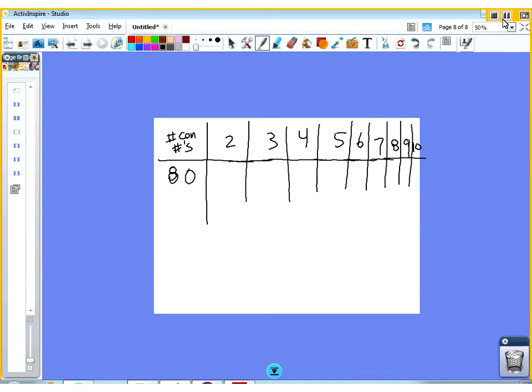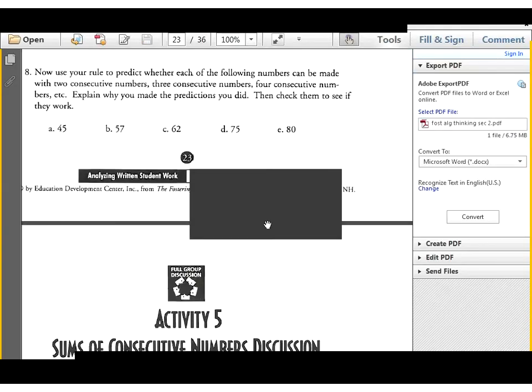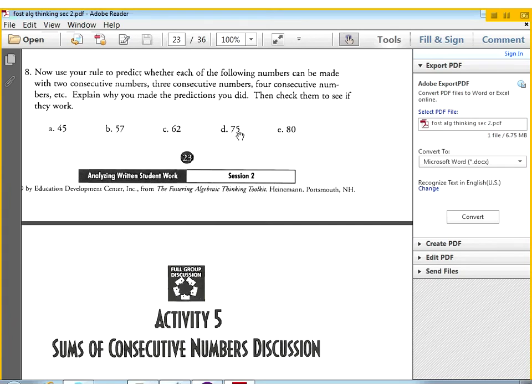So I'll give you 5 minutes to think about this one question. And if you're watching this at home, okay, we have 5 minutes to figure out how we can write 80, and your solution to 62 and 75. How many ways can you write 62 as a sum of consecutive numbers, and 75?